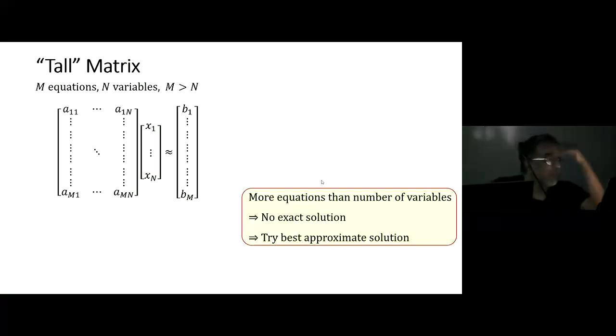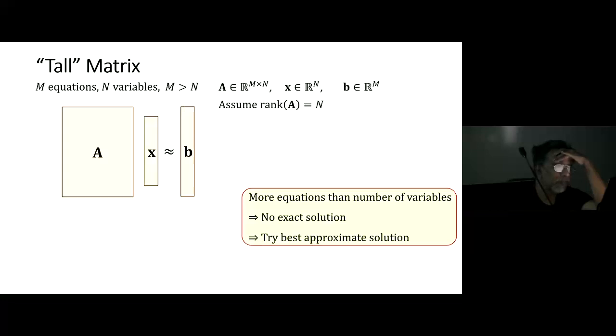In vector matrix form, this is what it looks like. I arrange all the coefficients as a matrix, and this is the variable vector now, x1 through xn, and this is my right-hand side vector. Visually, this is what it looks like. And here, A is a tall matrix, because m, the number of rows, is more than n, the number of columns.